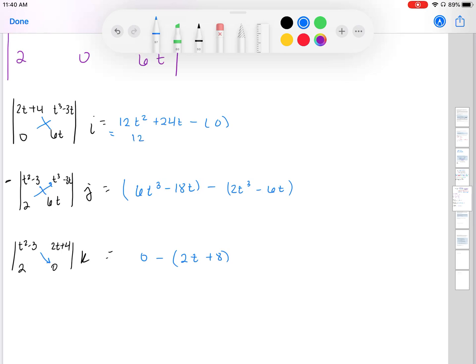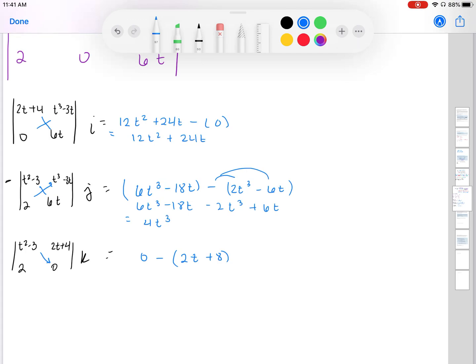So here we just have 12t squared plus 24t. Here I have to distribute that negative. Let's combine like terms so that we have 6t cubed minus 2t cubed, 4t cubed.